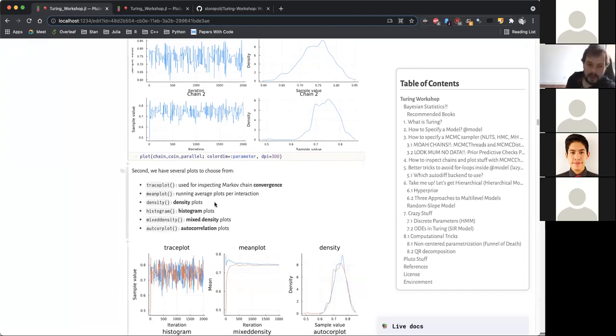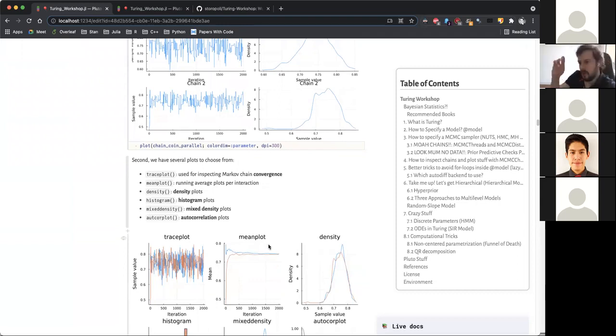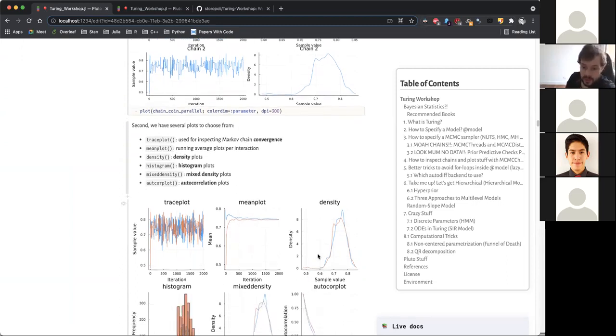We have a mean plot, that's the running average of your mean per iteration, and it should be stable. And it should be a signal that your Markov chains have converged and are stable to be sampled. We have our density plots that everybody knows. It's the full posterior density of our parameters that our model performs inference on.